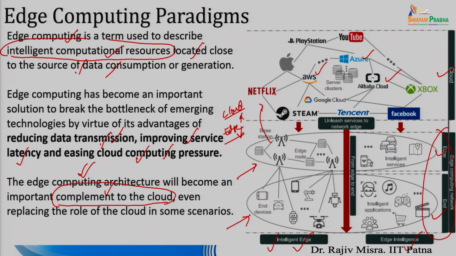That means AI, machine learning or artificial intelligence is now delivered at a much faster speed. Therefore, even latency sensitive applications will have this leverage of intelligence, and this is called edge intelligence. So, intelligent edge and edge intelligence are two important paradigms which edge computing is going to support and leverage upon.